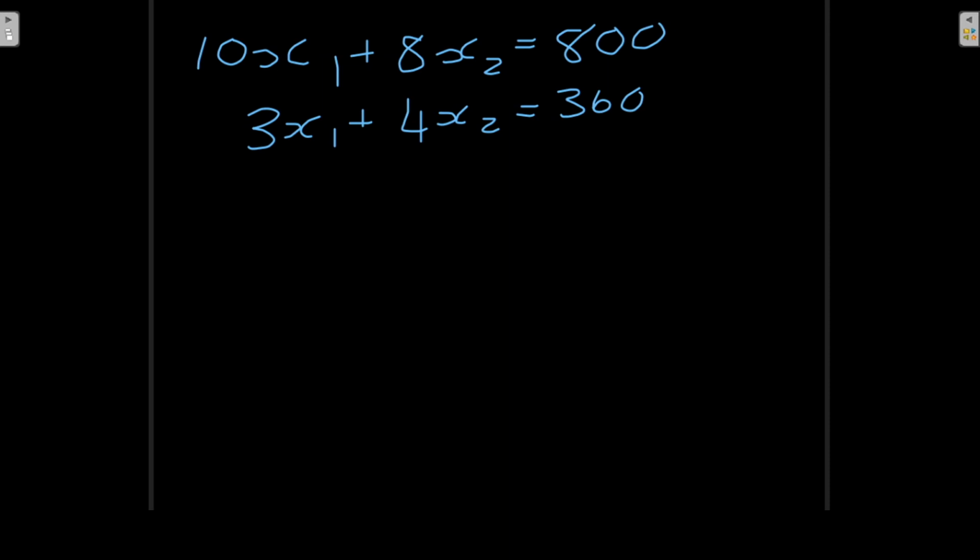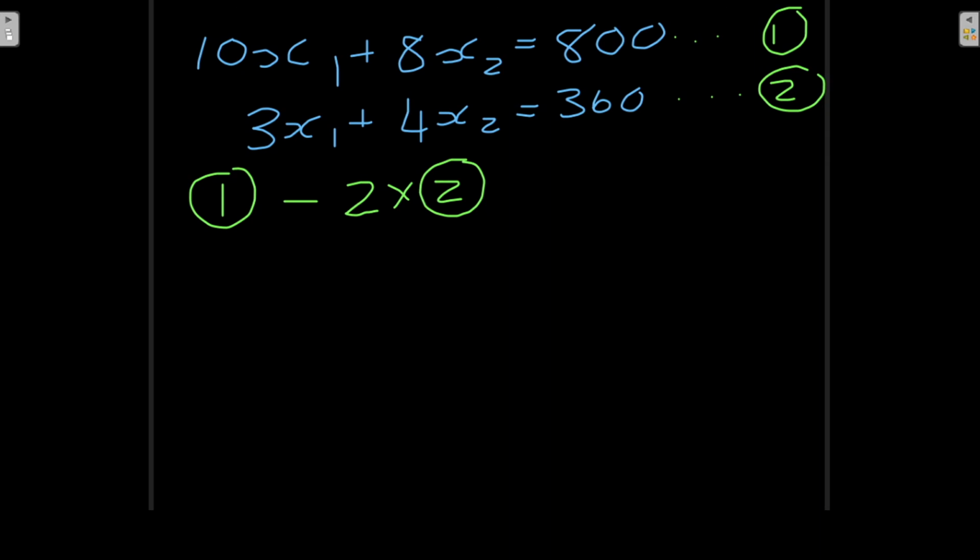There are different ways to solve this, but what I am going to do is take equation 1, and this is my equation 2. I'm going to take equation 1 and subtract from that 2 times equation 2. The reason for that is I want this x2 term to fall away.